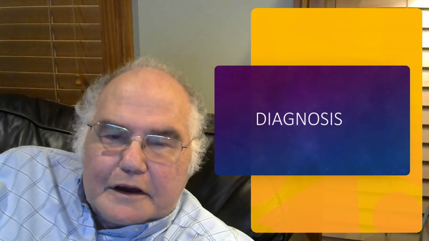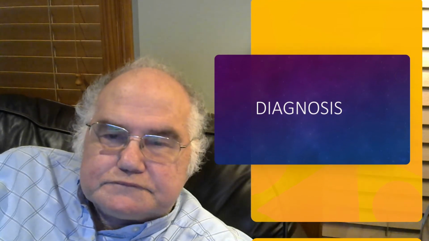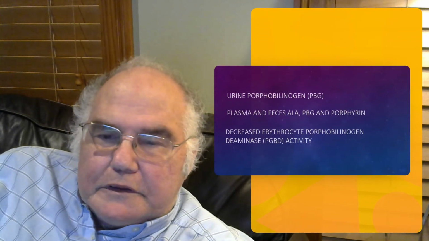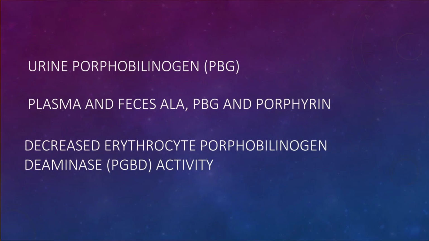Now, how do you make the diagnosis? Well, these are the tests that one obtains. So, a spot urine for porphobilinogen, or one of these other tests, depending on which clinical feature is present and therefore which porphyria is highly suspected.